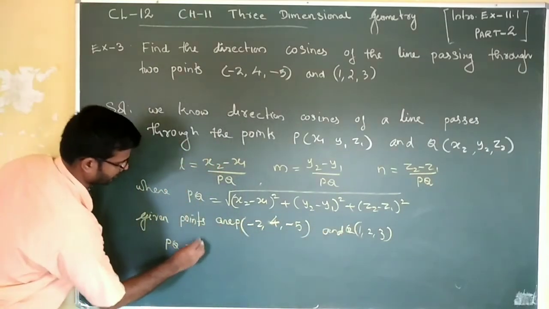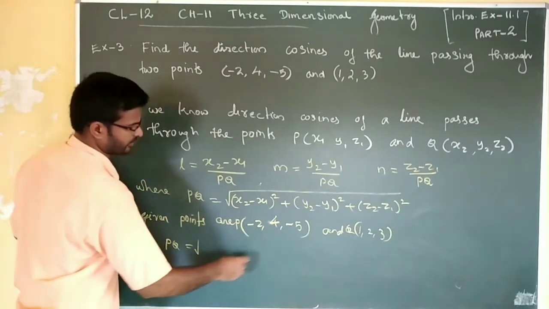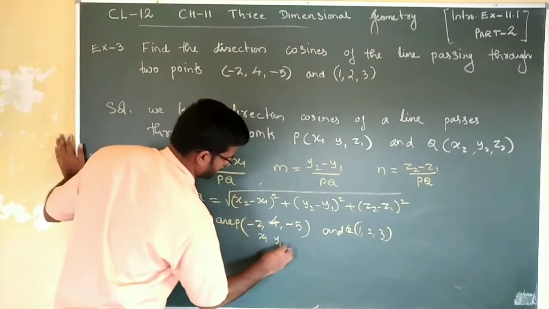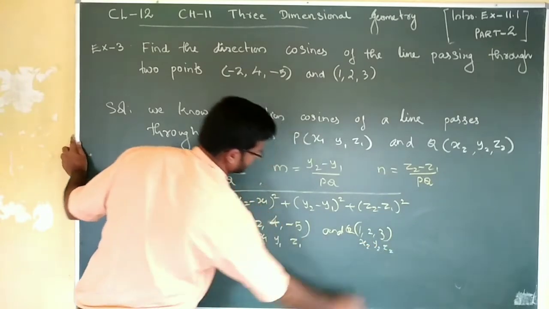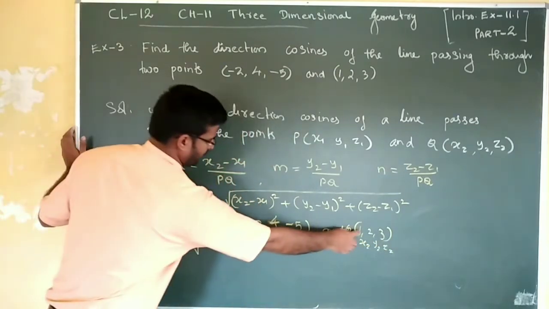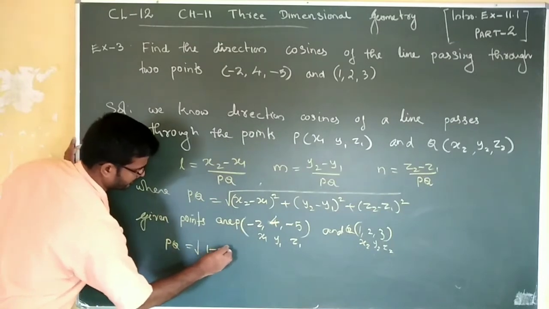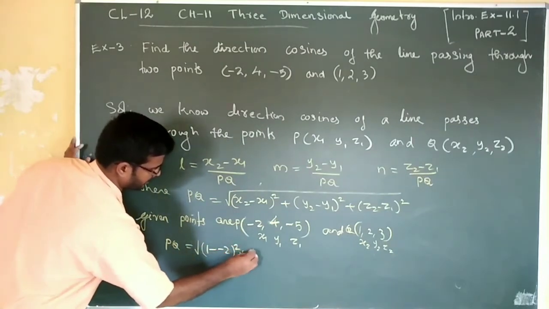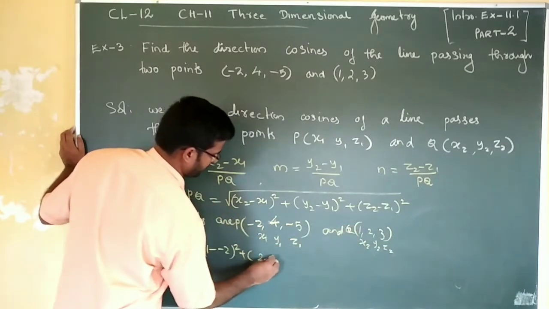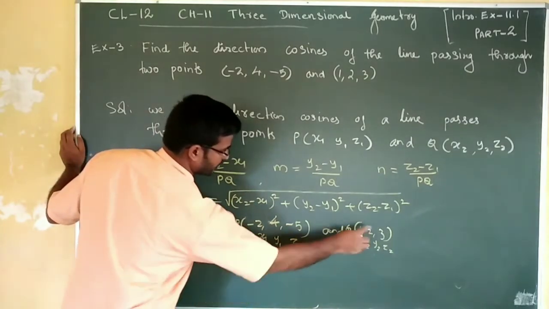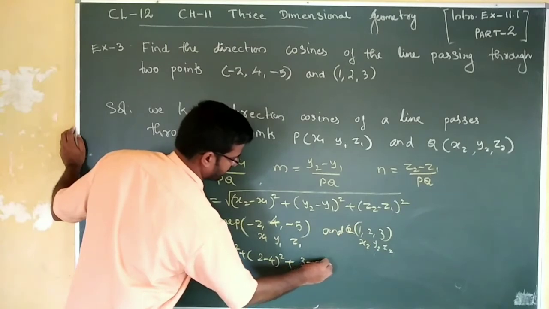PQ is square root of (x2 minus x1) square plus (y2 minus y1) square plus (z2 minus z1) square. That is 1 minus minus 2, square, plus 2 minus 4, square, plus 3 minus minus 5, square.